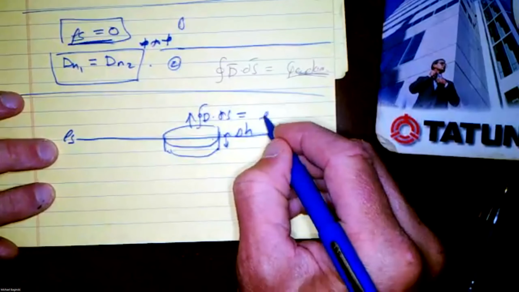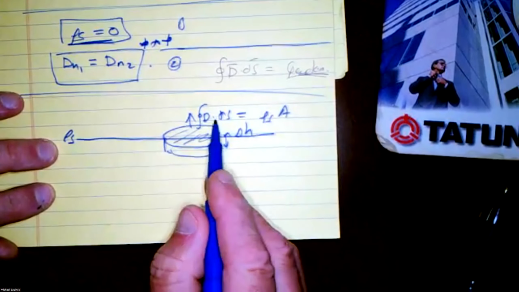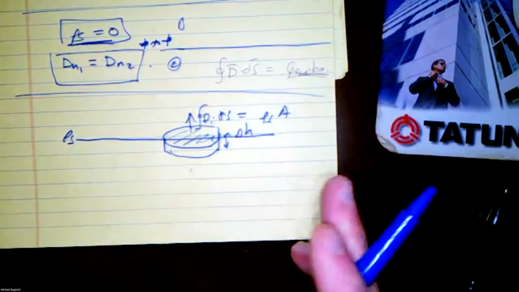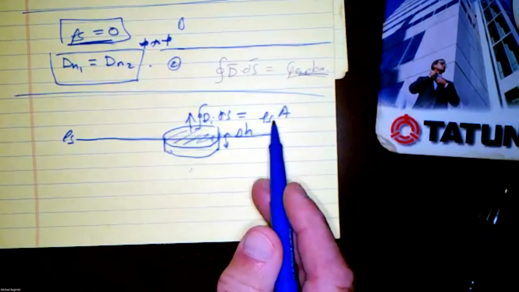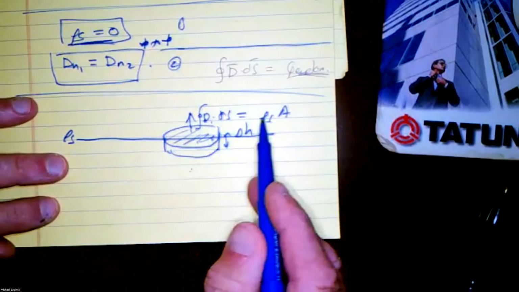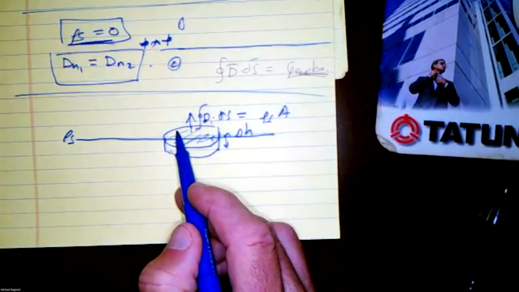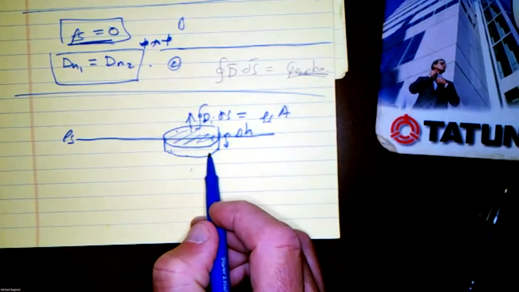Well, the charge enclosed would be rho s times the area of that upper plate. D dot dS above and below will have the same magnitude, equal to the actual value of rho s times A. It will be equal to D above times the surface area plus D below times the surface area.